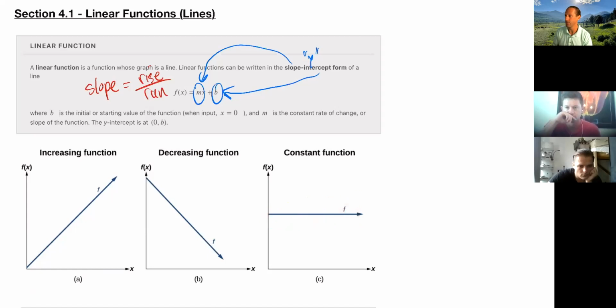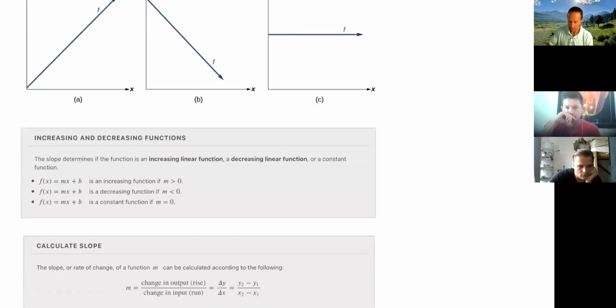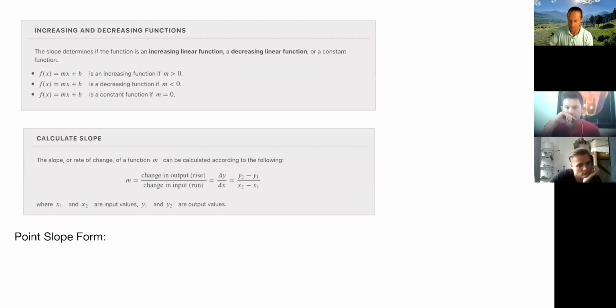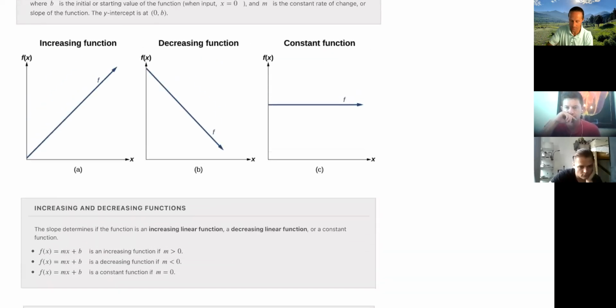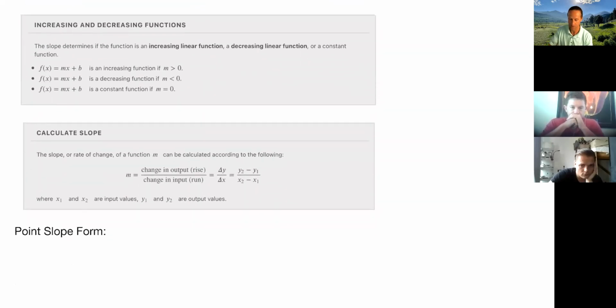The same value. So how do we tell whether it's increasing or decreasing? Very simple with lines, because it's always going to be increasing or decreasing, or not either, at a constant rate of change.